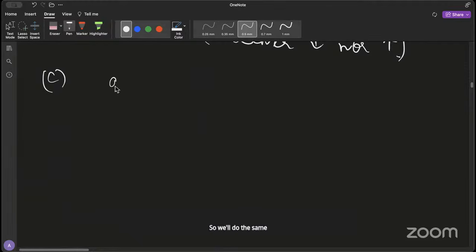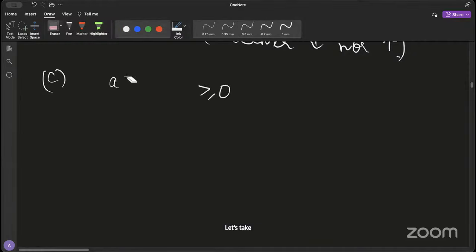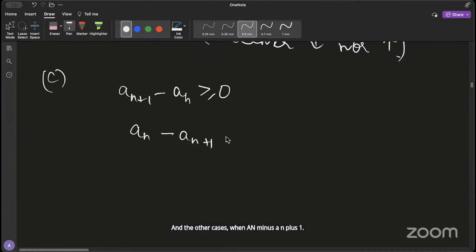And coming to the third one, 1 by n. We'll do the same thing here. We have to check the sign of a_n minus a_(n+1). If a_n minus a_(n+1) is greater than 0, then is it increasing or decreasing? Well, let's take this one. If a_(n+1) minus a_n is greater than 0, and the other case when a_n minus a_(n+1) is greater than or equal to 0, or maybe I should write this as a_(n+1) minus a_n less than or equal to 0.